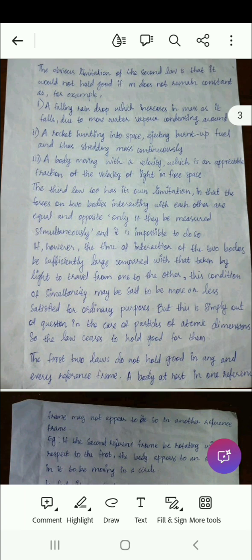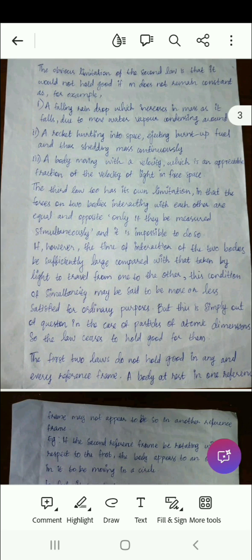And also let's consider two planets, which are one light year apart, and they both exert gravitational force on each other. Gravitational force is mediated by gravitational waves, which also have the velocity of light in free space.